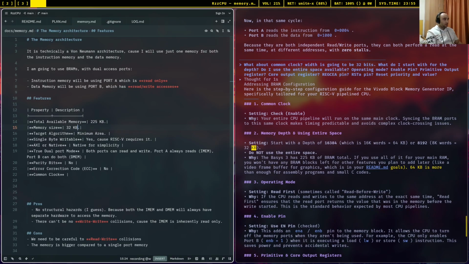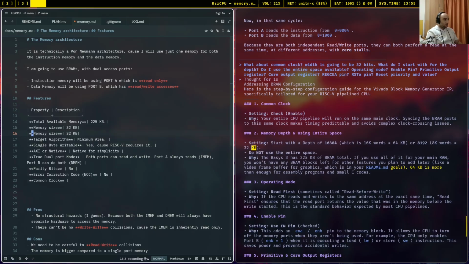Okay, 32 kilobytes. That's right. Width is going to be 32 bits.